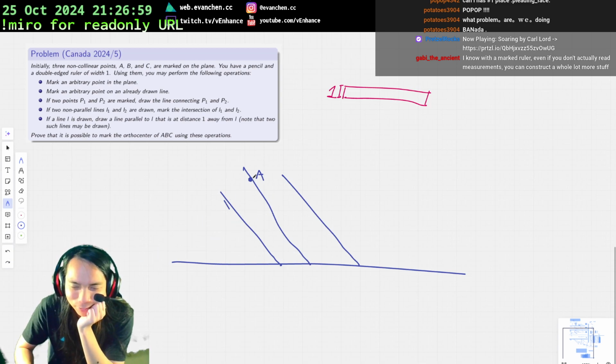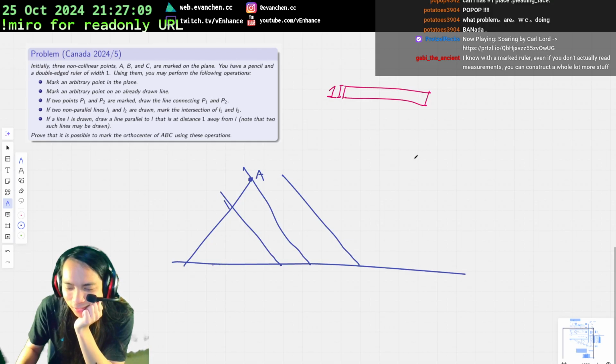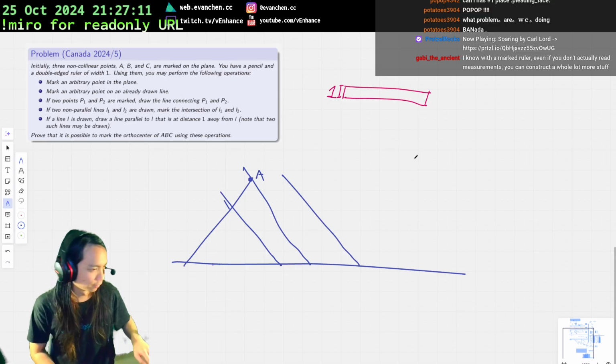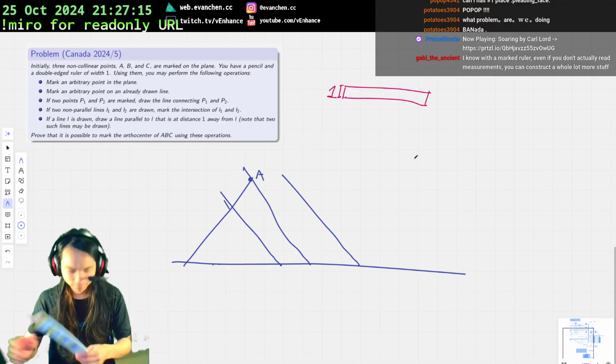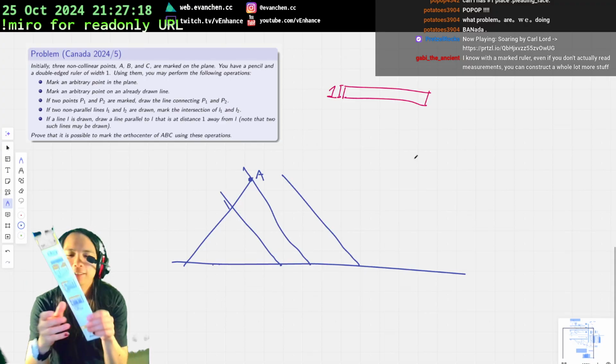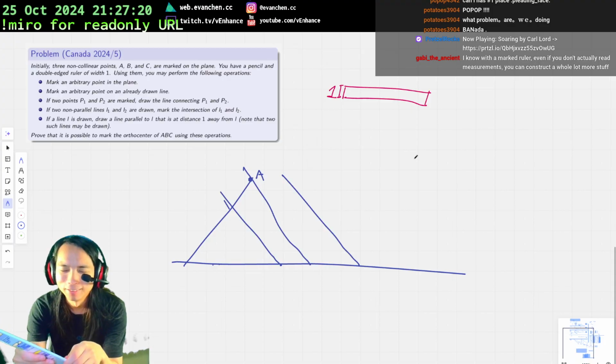I don't want it to look perpendicular. Like if I have... ta-da. If I have two of these things that intersect, does that do anything?